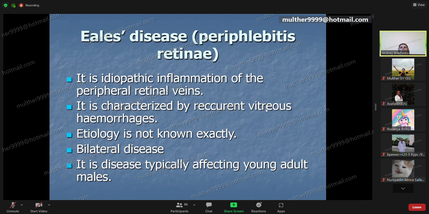In the early stages, the affected veins are congested and show sheathing. Superficial retinal hemorrhages may be present near the affected veins. In later stages, recurrent vitreous hemorrhages may be associated with retinal neovascularization, development of new pathological blood vessels.